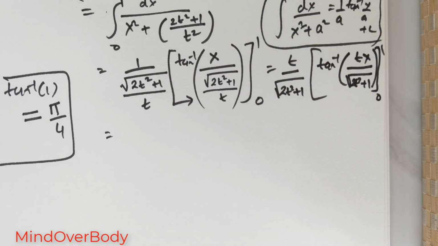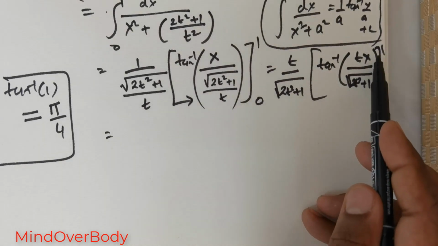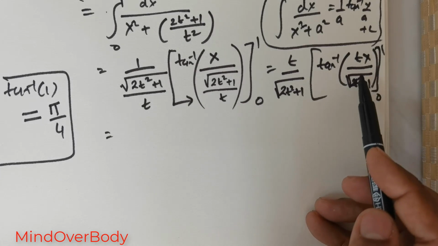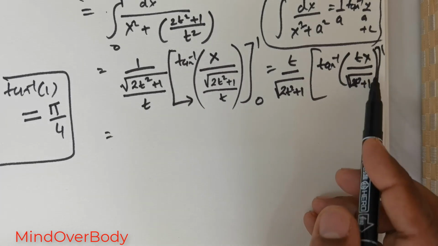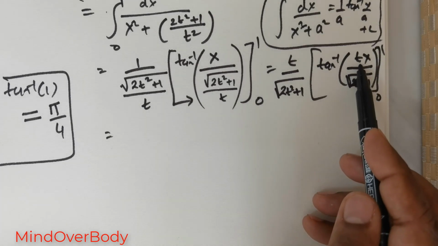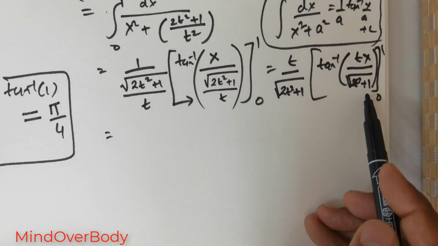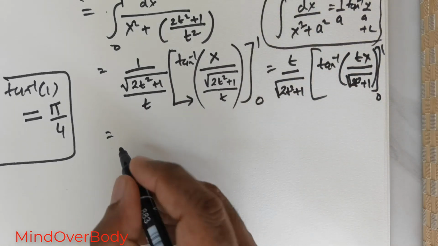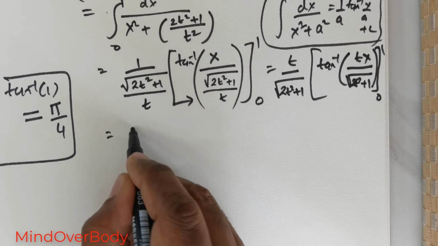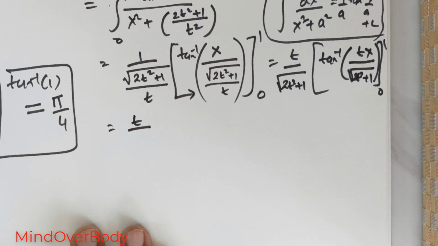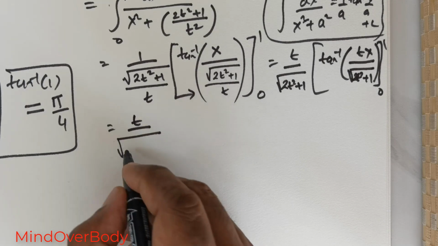So as I mentioned to you, if it was just x there, then things would have been much easier for us. But in this case, it is with t over root of 2 times t squared plus 1. So there isn't much for us to be happy about. So we will have to go through the fire.